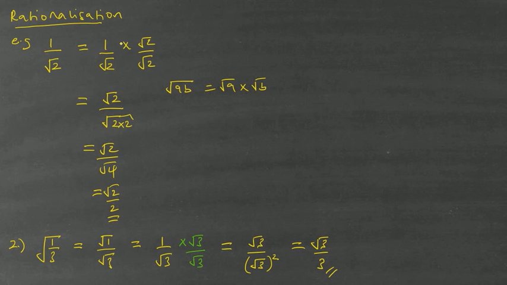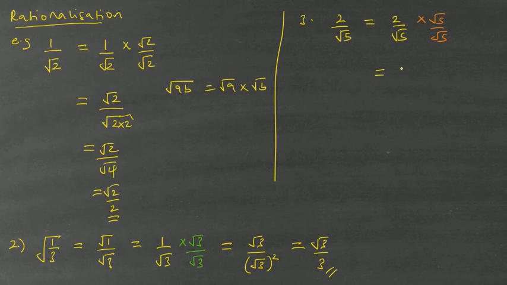Okay, maybe one more example about that. If you have 2 over root 5, this one we do the same: multiply by the denominator in the numerator and in the denominator, so root 5 over root 5.